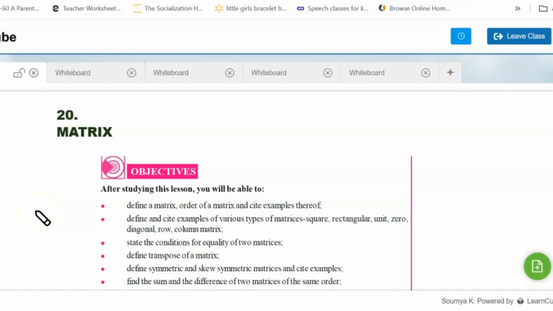In this video we are going to discuss the chapter Matrix from NIOS Senior Secondary course.